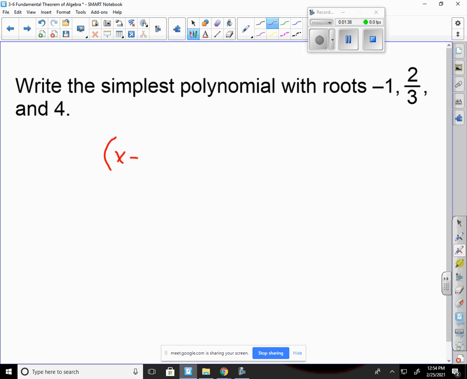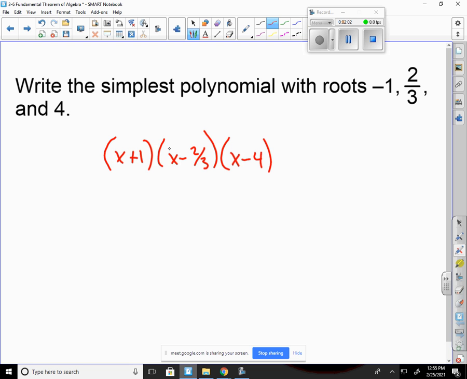We're just going backwards. x plus 1. That would be x minus 2/3 is another root. And then the last root would be x minus 4. So if I'm trying to write the simplest polynomial, I could just multiply these all together to come up with that simplest polynomial.